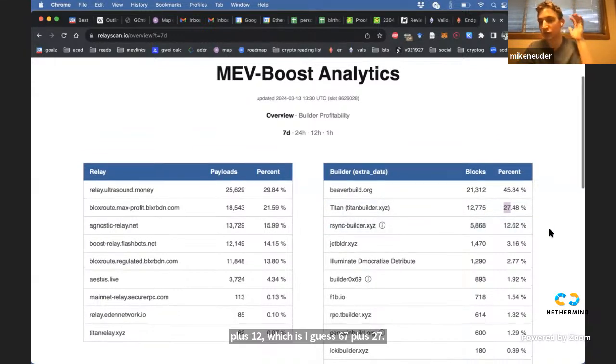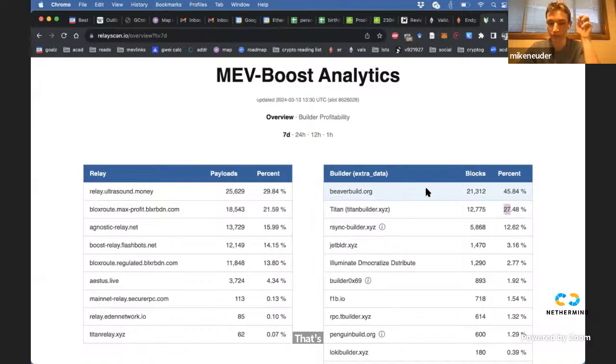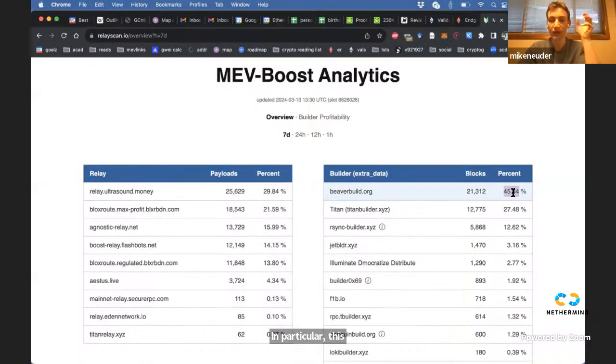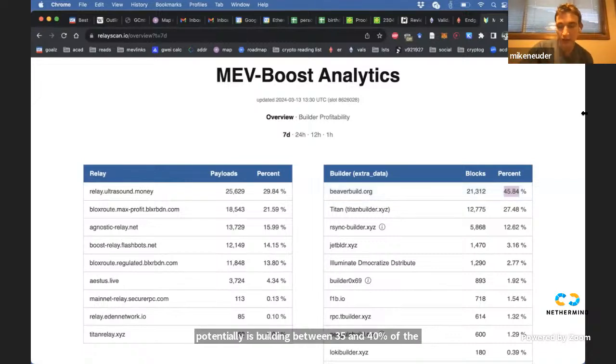Whatever, a huge portion of the MEV Boost blocks are built by these top 3 builders. In particular, Beaver builder has built 45% of the blocks. And remember, 93% of the blocks are built using this market. So Beaver builder potentially is building between 35 and 40% of all Ethereum blocks every day, which is a crazy amount.